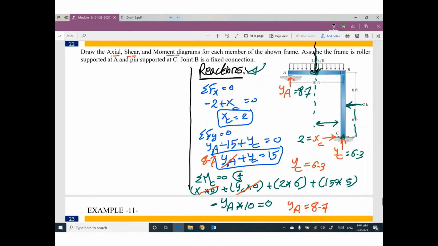Before starting to draw, we need to do a new step for frames only. I'm going to make a cut. I will do a cut for each member alone.